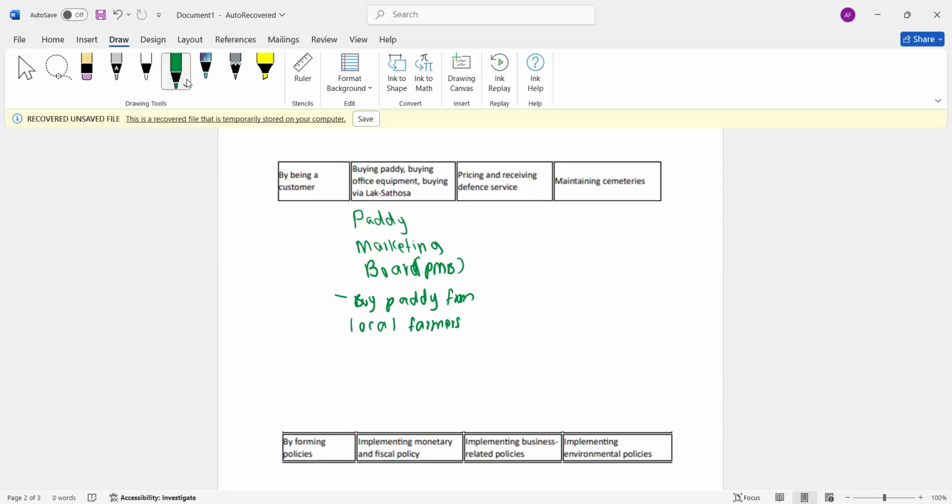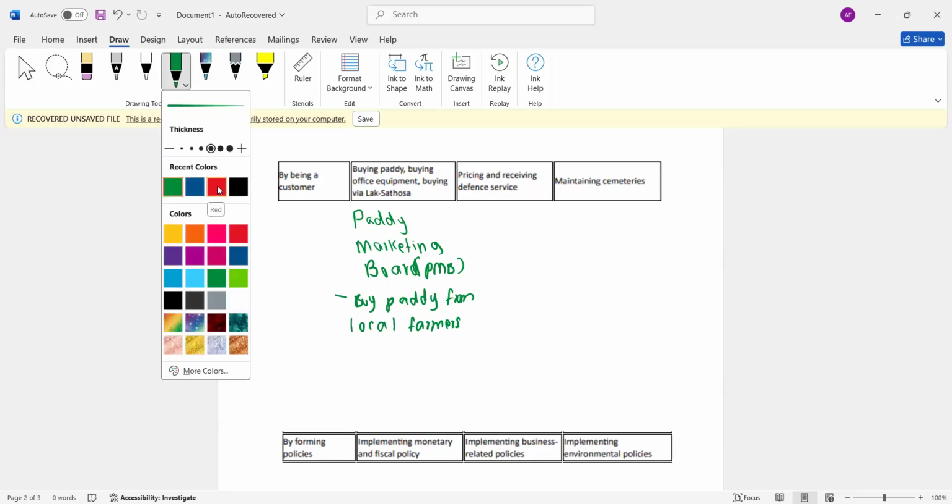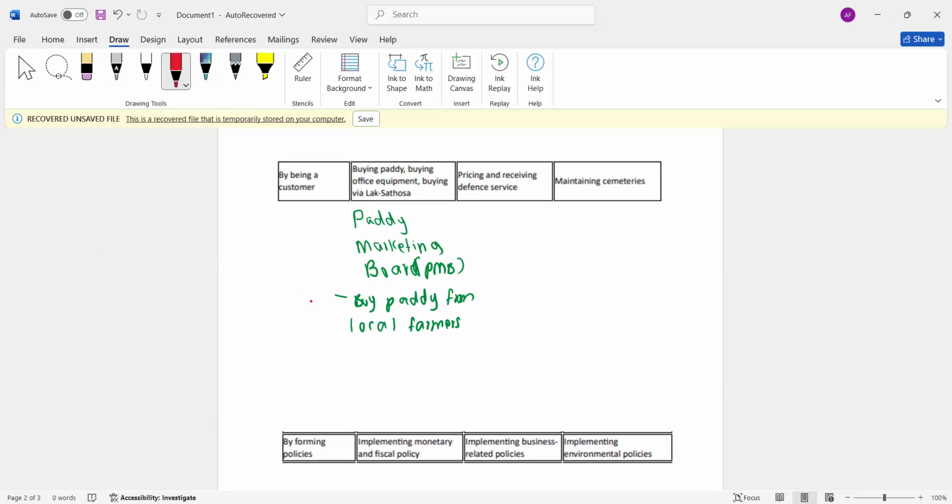And how is the provincial council acting as a customer? Another very good example is Lanka Satosa. Do you all know that? They are a government-owned retail chain. You all know them, right? Lanka Satosa, or Laksa Tosa, some people say.